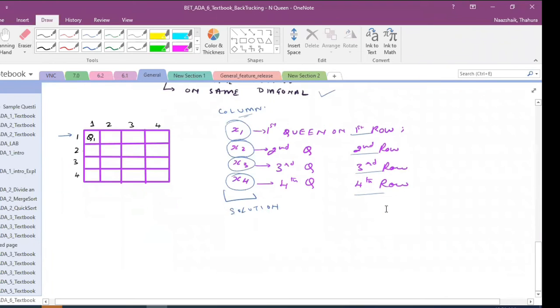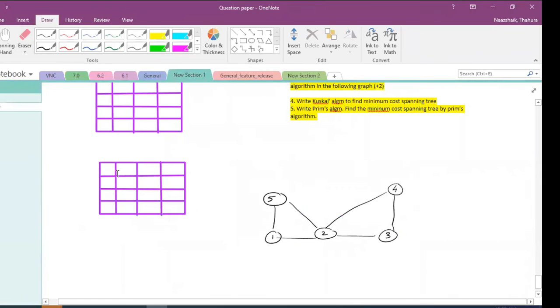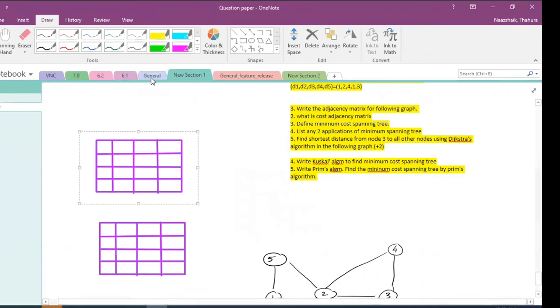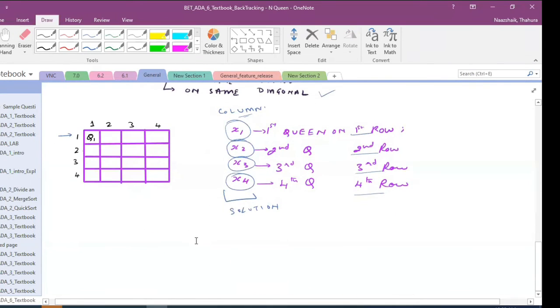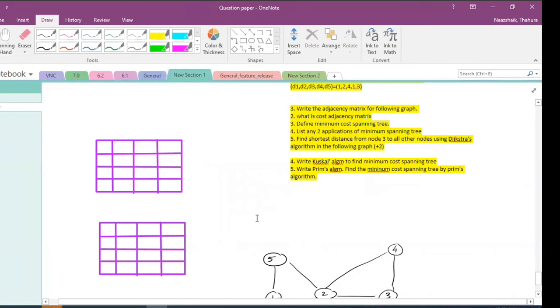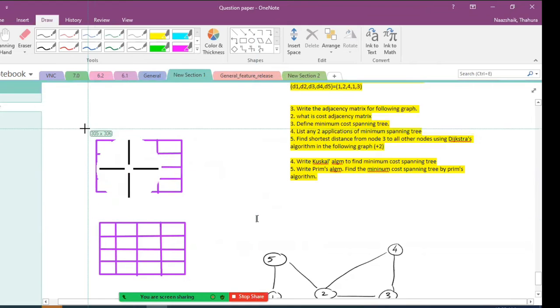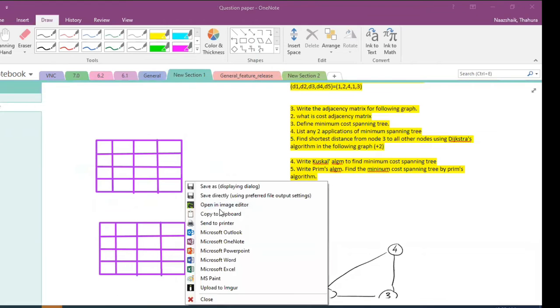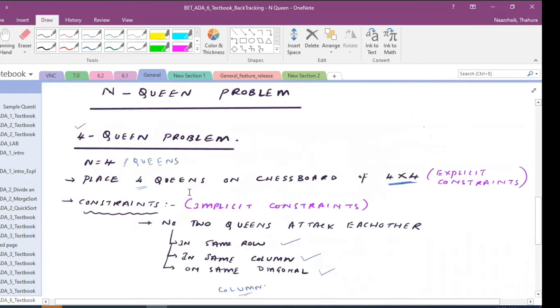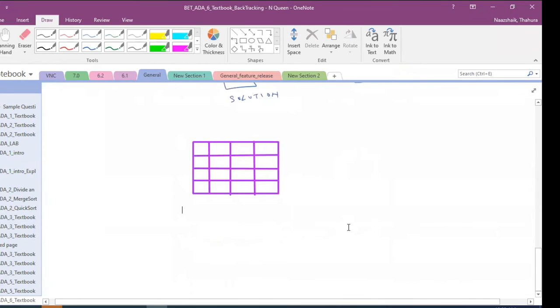So now, how do we solve this problem? What we'll do is take a DFS approach and see how we can solve this problem. Let's see what the possibilities for x1 are.